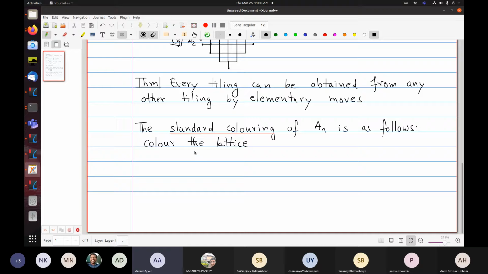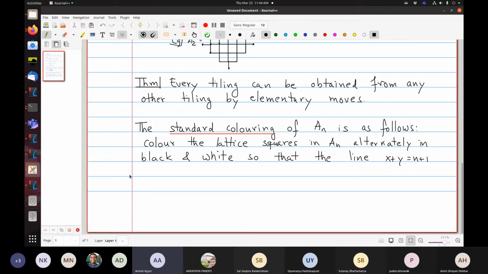Color the lattice squares in A_N alternately in black and white, so that the line x plus y equals n plus 1 passes through only white squares.